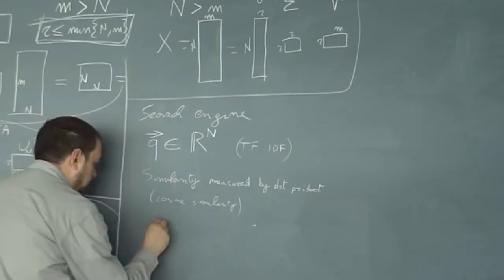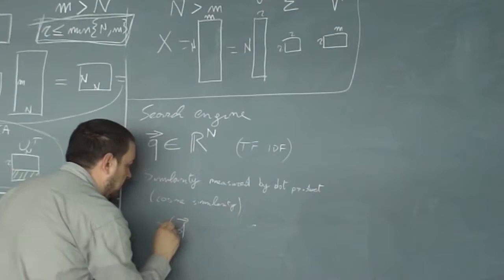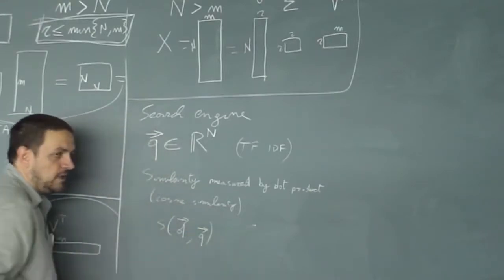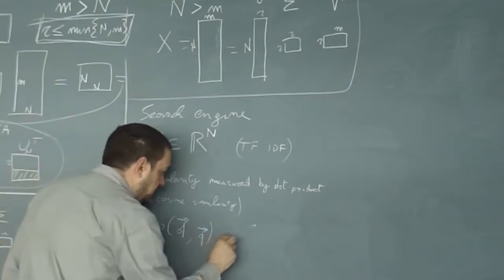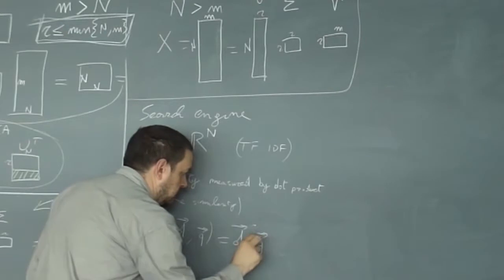So the similarity between one of the documents, D, and our query, Q, is simply the dot product between D and Q.